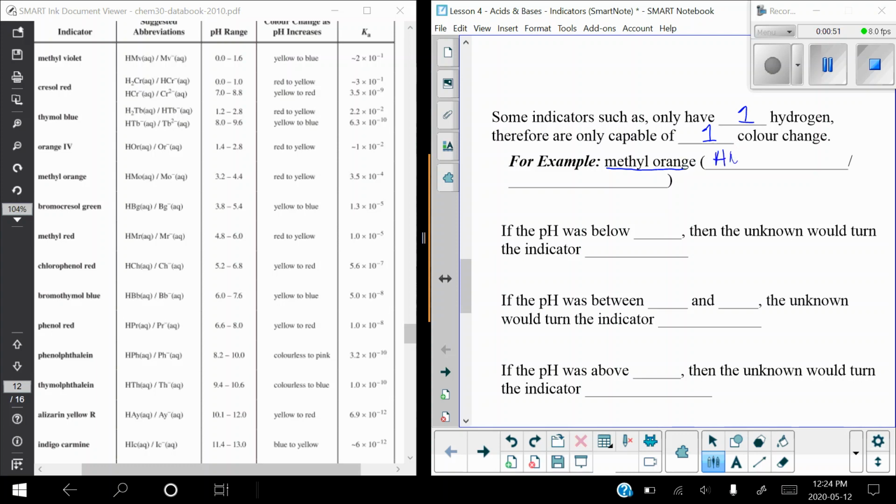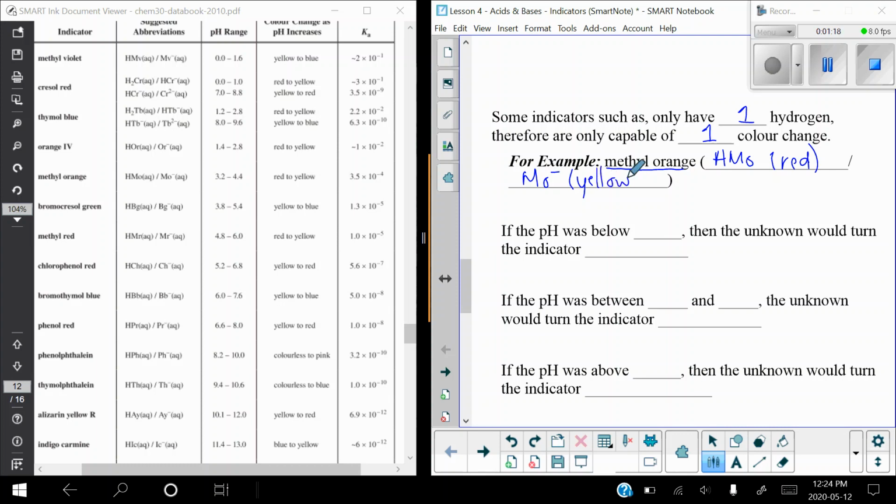HMO, and when it is in this state, it is red, okay? Or if it loses that hydrogen and becomes MO negative, then it will be yellow.